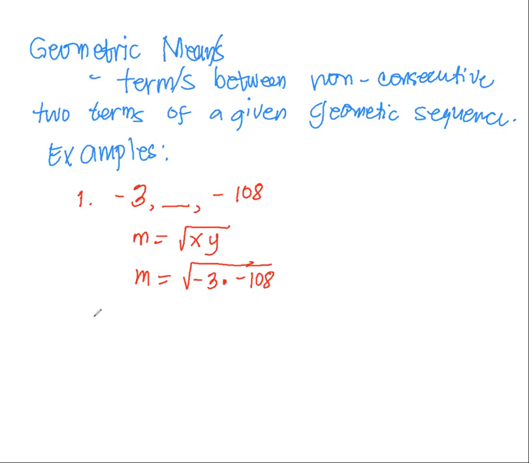Then multiply natin, since that is -3 times -108, we'll get positive. So m is equal to positive 324. And you have to get the square root of your answer. Therefore, your middle term is positive 18.